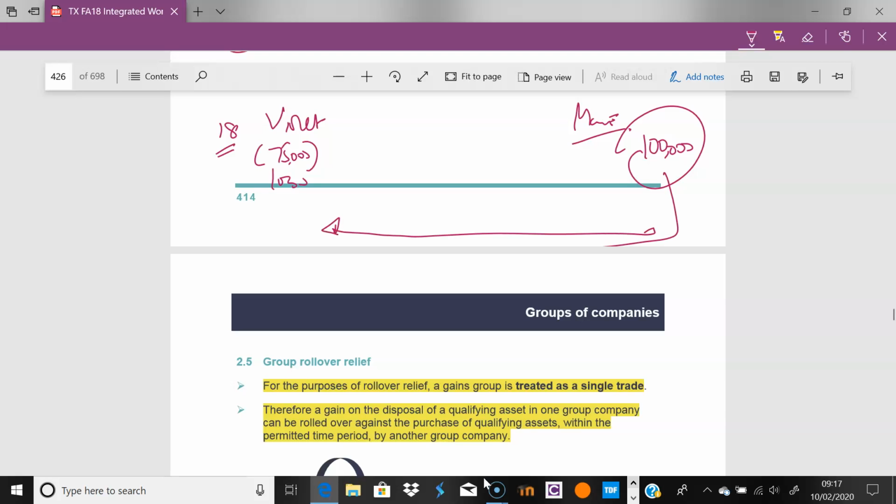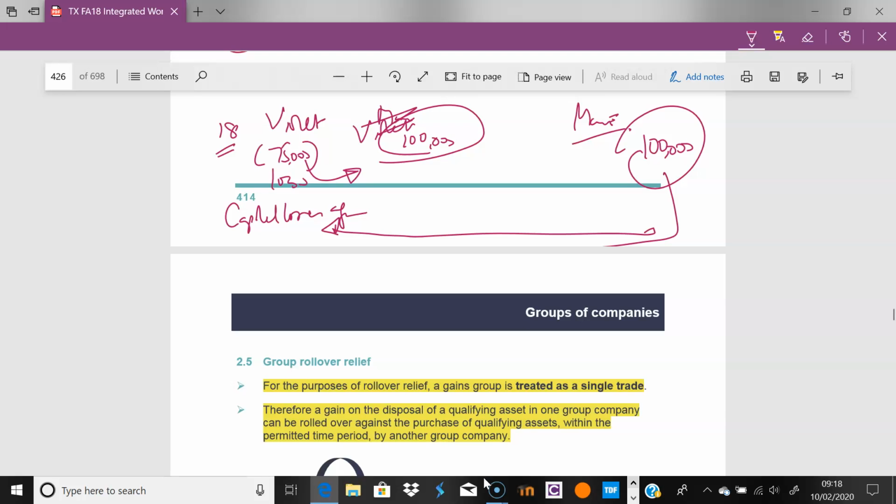But this really doesn't matter, because all Maeve would do is give the asset to Violet. Violet now has an asset with a 100,000 gain, and she literally brings forward that loss against that asset, because the asset is hers, and she can use capital losses against capital gains within her own books.